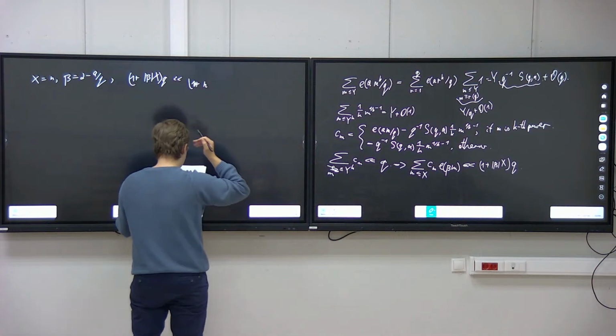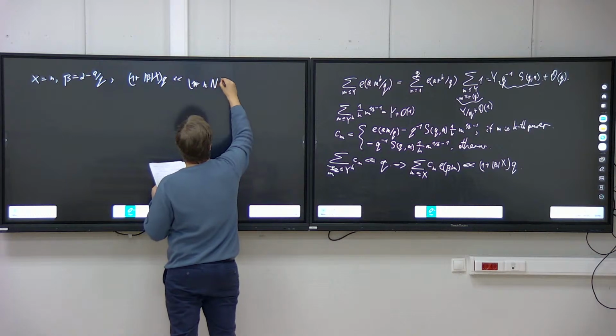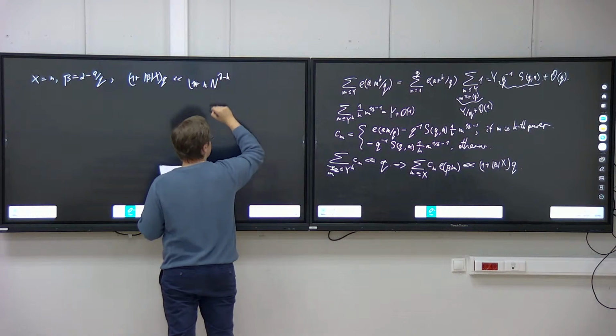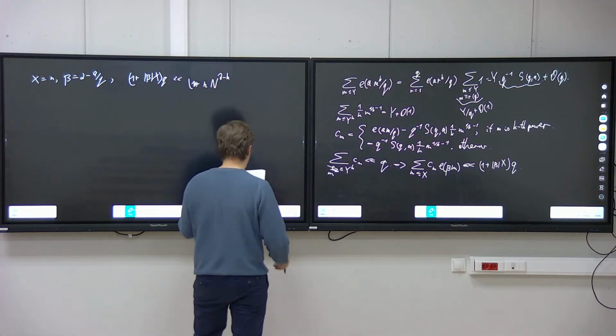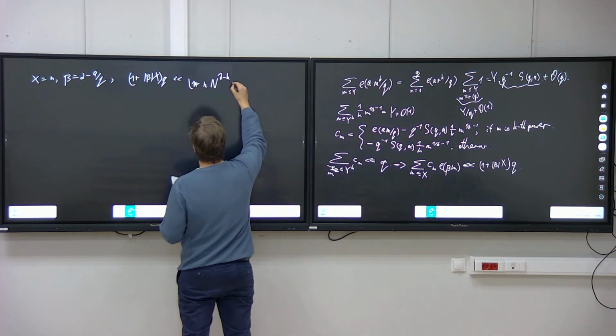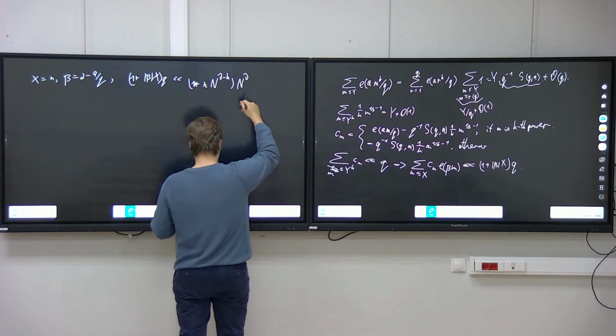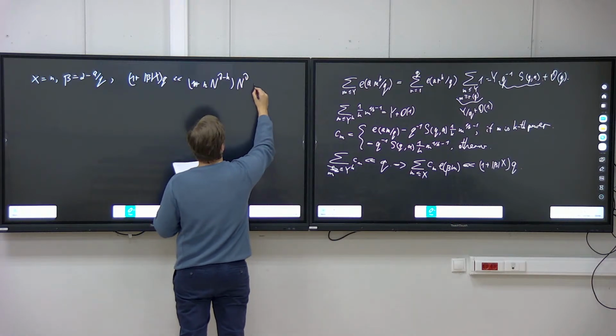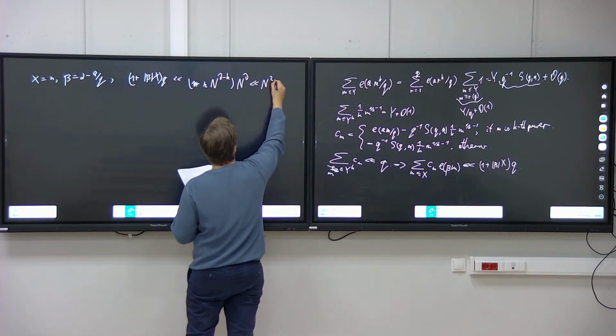Beta is less than n to the power nu minus k, by our definition of major arcs. And q is less than n to the power nu. And all of this is less than n to the power 2 nu.